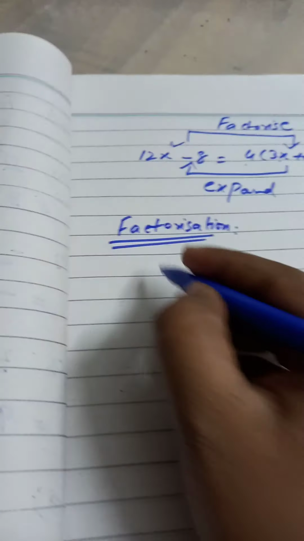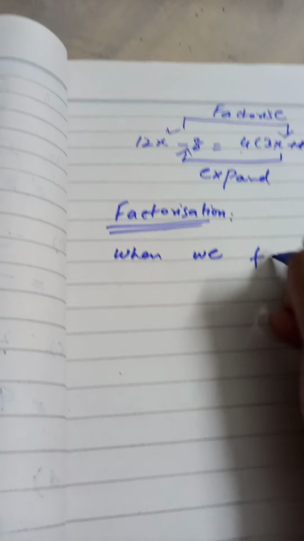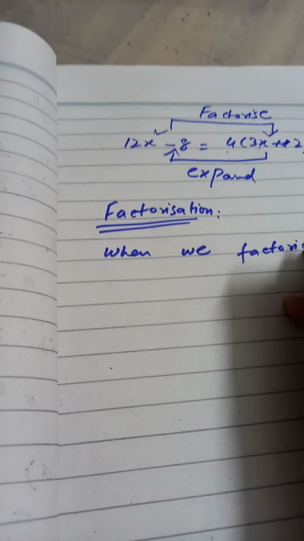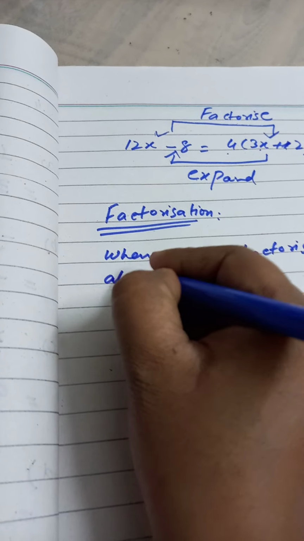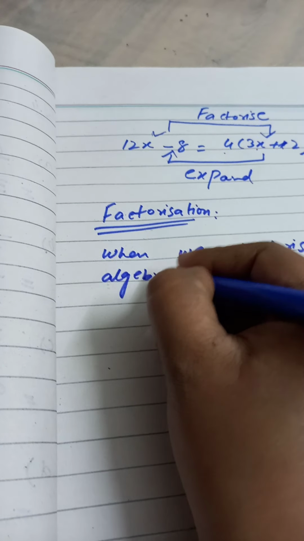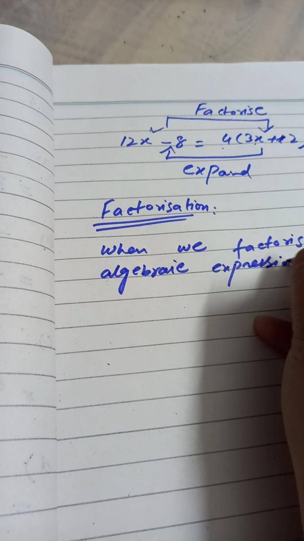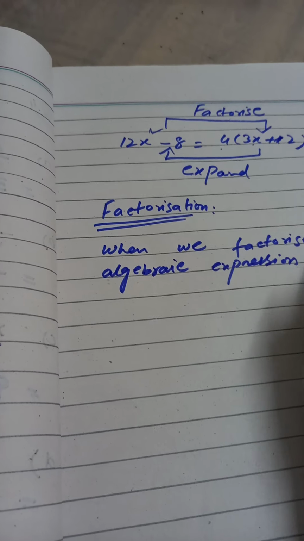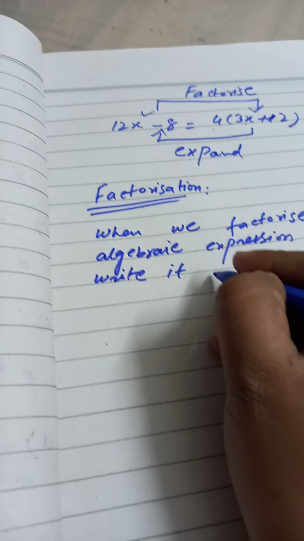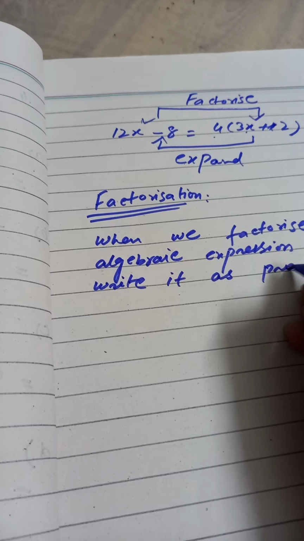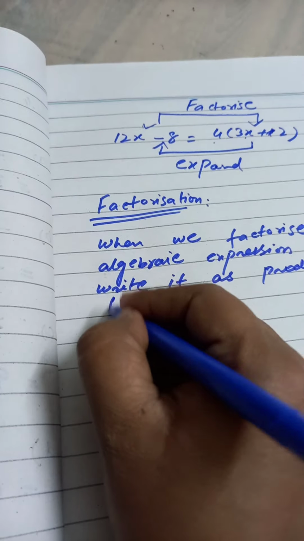The definition: when we factorize an algebraic expression, we write it as a product of factors.